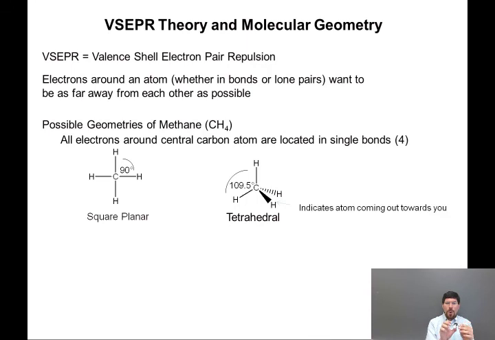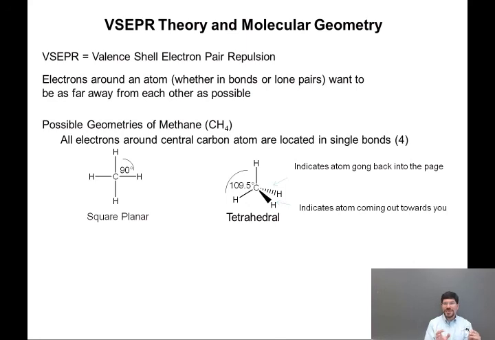So the dark wedge indicates that an atom is coming out towards you, and the dashes indicate that the atom is going back away from you into the page or into the screen, as the case may be. You need to be completely familiar with this notation and to always use it consistently.